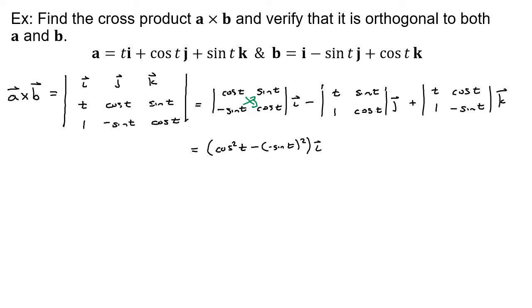That would be multiplied by i. Then I have a minus. I would do t times cosine, which is just literally t times cosine t, minus 1 times sine, which would be sine t, going the other direction. And then going the last direction, over here, I would have t times negative sine, which would be negative t sine t, minus cosine t times k.